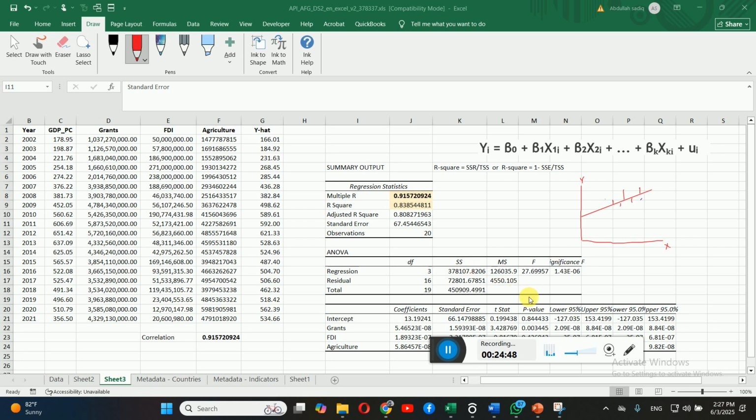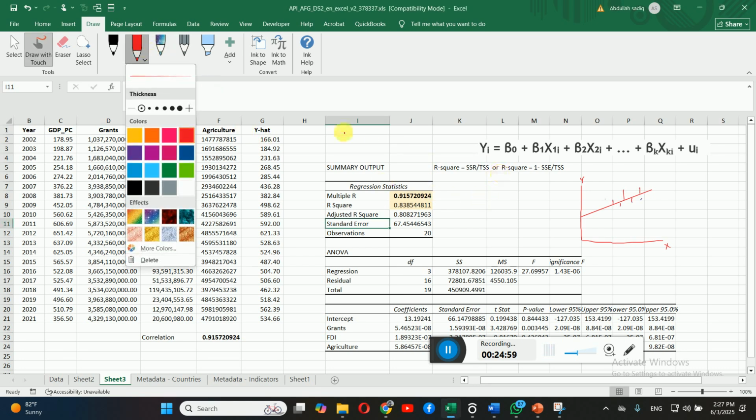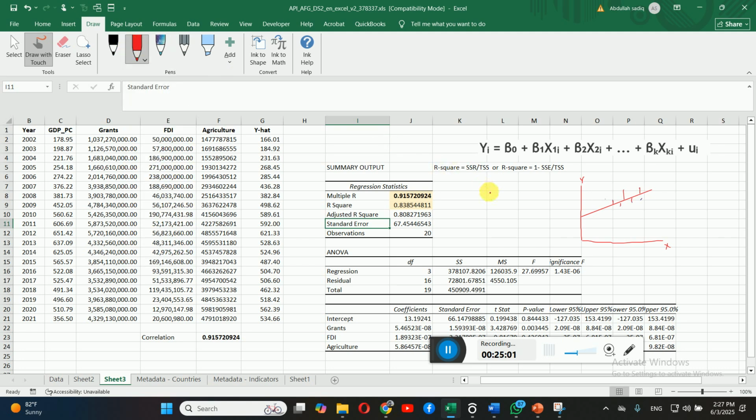Now you should know what is the formula. The concept is clear. I'm just practically showing you how to find out the standard error of the residual. Okay, this is a formula, dear students. So just take the sum of y minus y hat, right?